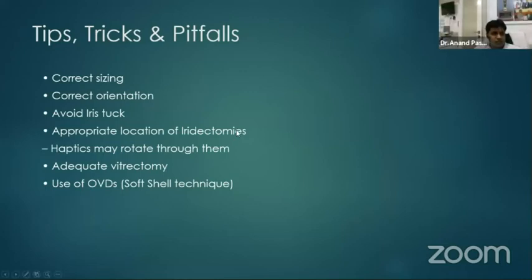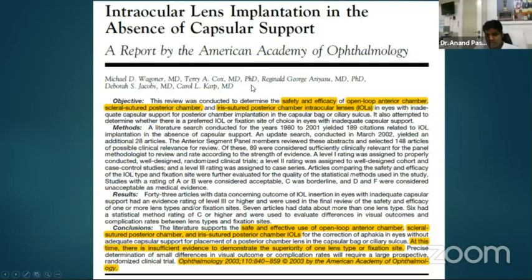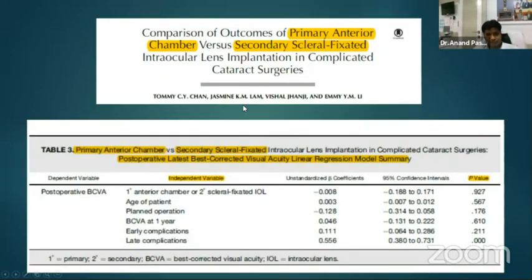Yes. As I discussed, it is important to have proper technique. A review comparing these two techniques, anterior chamber IOL implantation and posterior scleral fixated IOL, shows that these IOLs are safe, and there were no significant differences in complications on long-term follow-up.